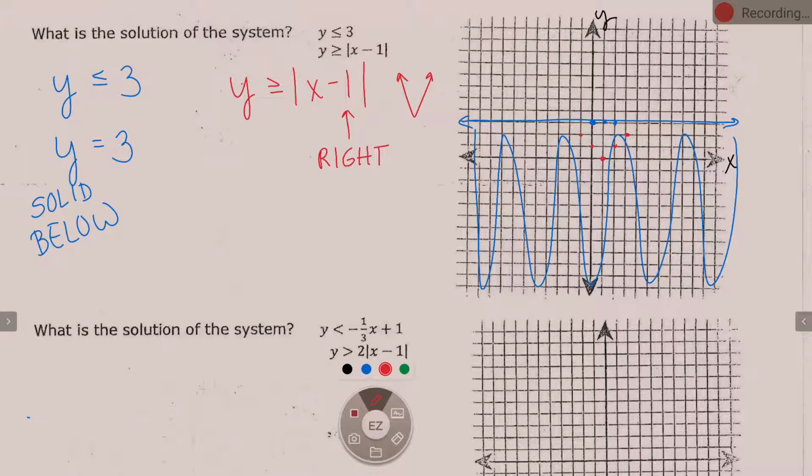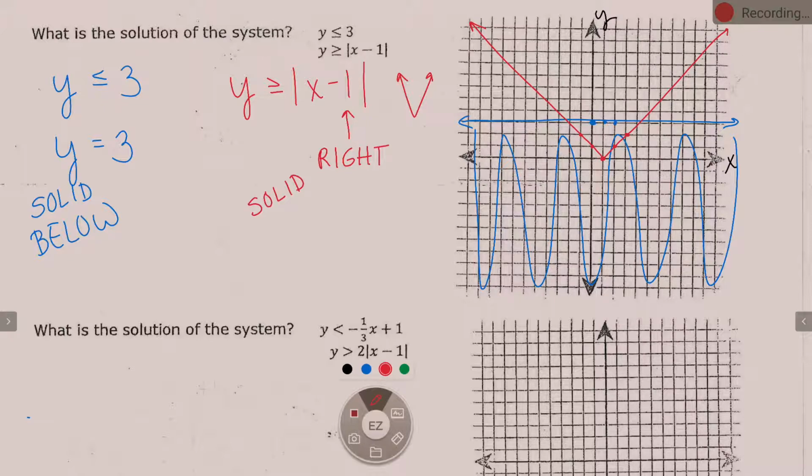And then we have the same questions. What type of V is it? Because it's equal to, it is a solid V. And you're still asking above or below.